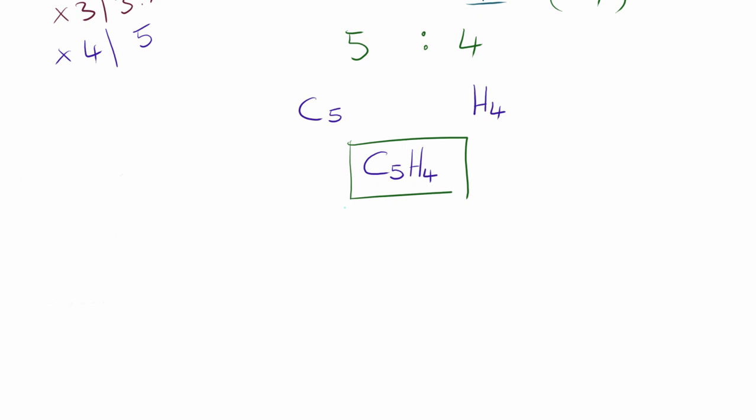Some other considerations about this. So this, as we just explained, is an empirical formula. However, generally speaking, if we were to assume this to be a molecular formula, there are actually some molecules which have a corresponding molecular formula.